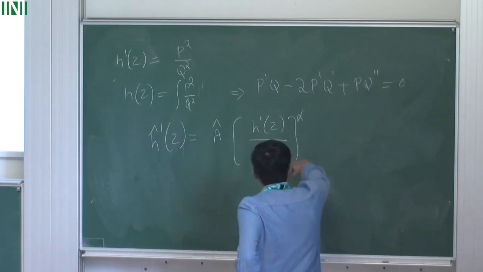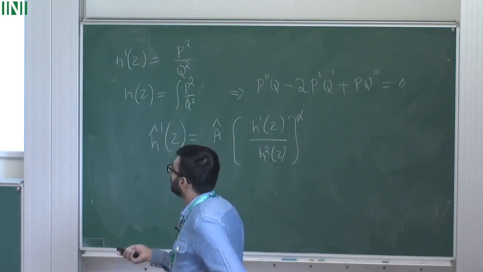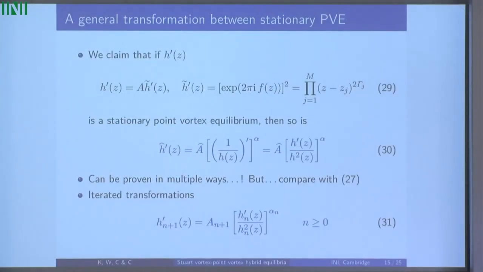And what's the role of this alpha? There's no alpha there, but if you think about it physically, log h prime is basically just the complex potential, and physically it doesn't matter. You can add any number of constants to the complex potential. It will not change anything, and that's the role of a hat. It's basically just a constant in the stream function.